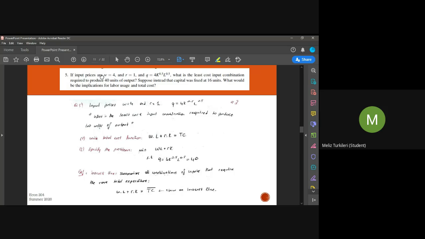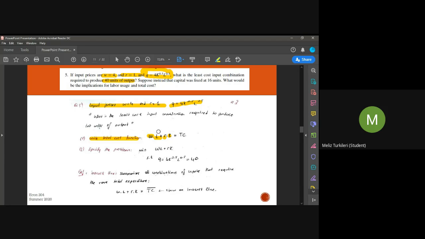If input prices wage equal to 4 and rent equal to 1, and if we have this production function, what is the least cost input combination required to produce 40 units of output? What we know: I know the input prices, wage and rent, and I have the production function. As a first step, let's write the total cost function as an equation of the wage, labor, rent, and capital.